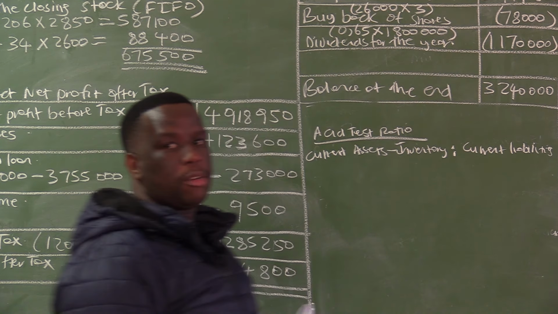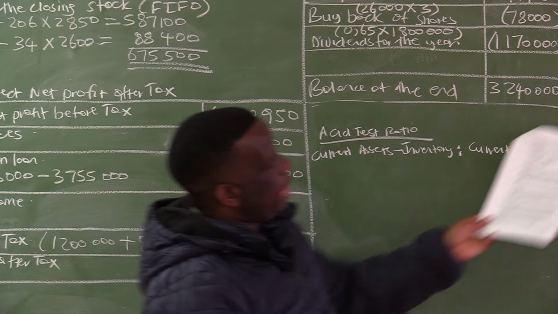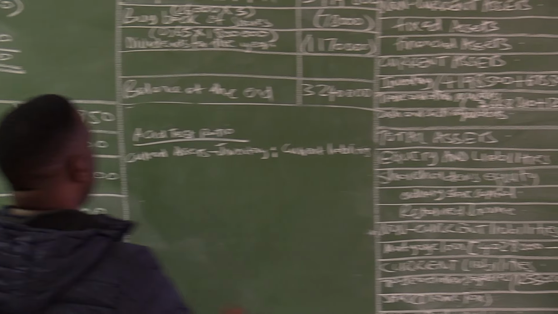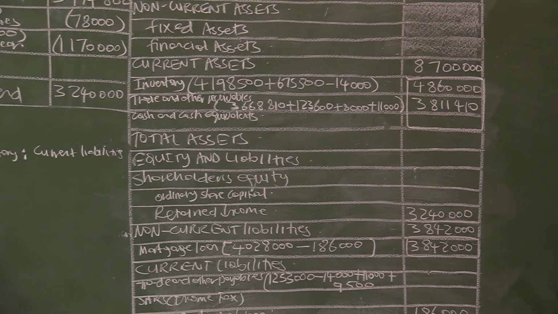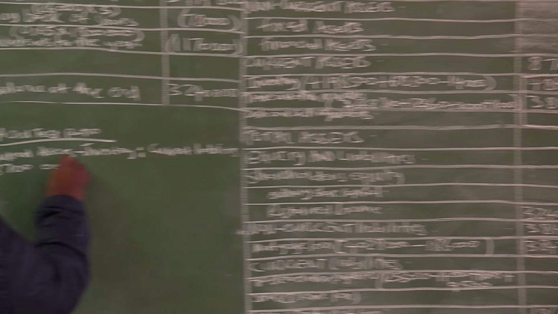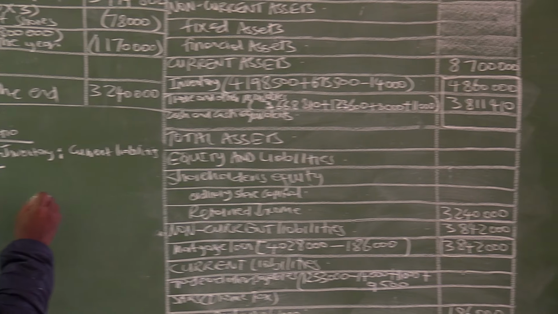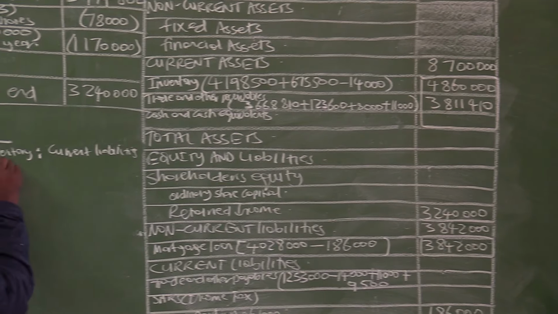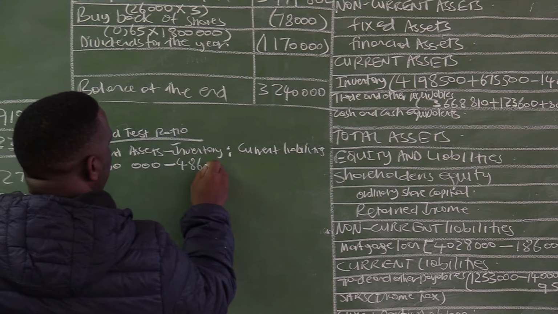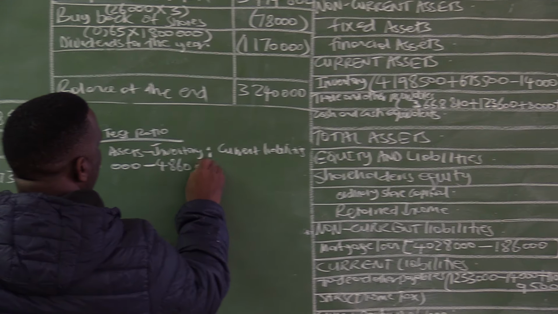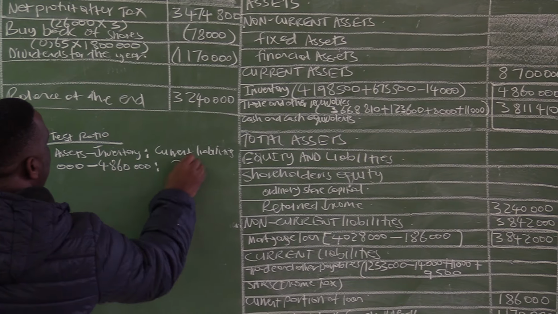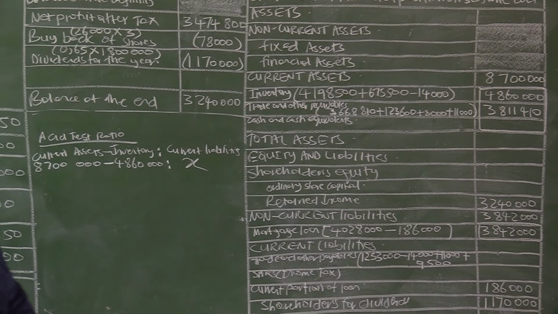That is the formula for calculating the acid test ratio. Our current assets are given, 8,700,000, minus our inventory, which is 4,860,000, is to current liabilities. We don't know the current liabilities.